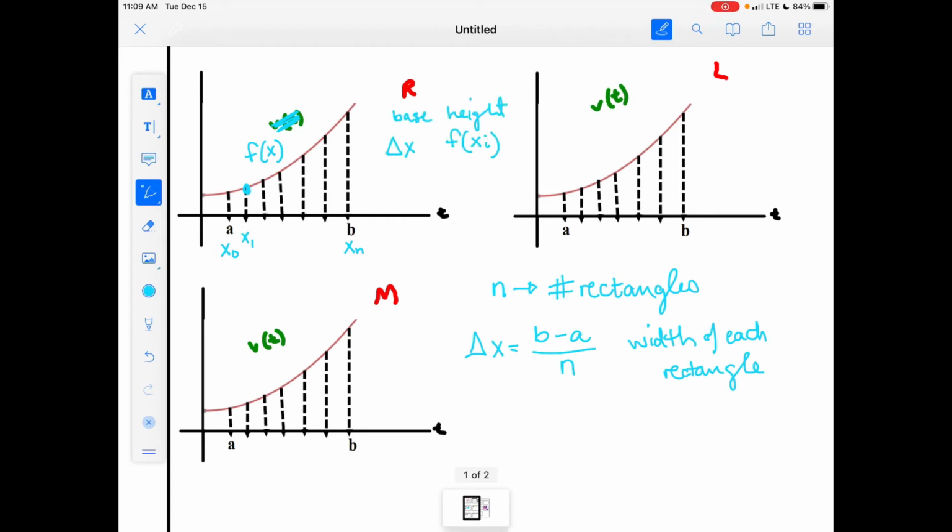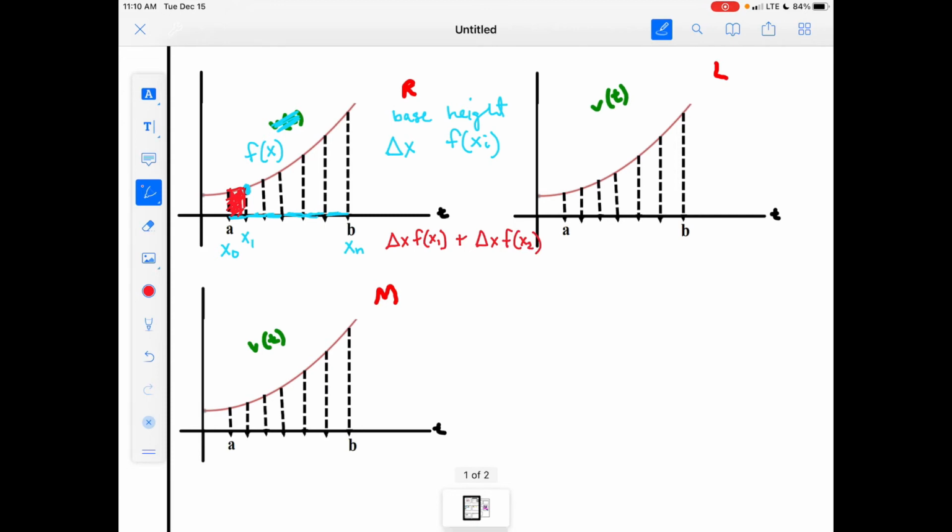Base times height. My delta x is the base, and it's actually the same base if they're all evenly spaced, and then my height is just f of x sub i. So if we were using a right-hand Riemann sum to find this approximation, you'll notice that my first rectangle would be base times height, and that would be the area of the first rectangle that I just shaded.